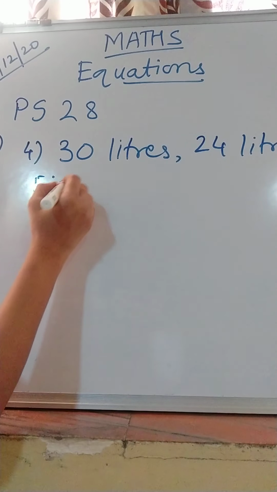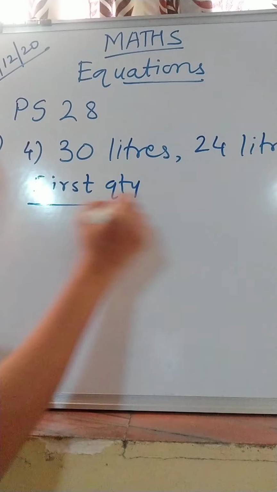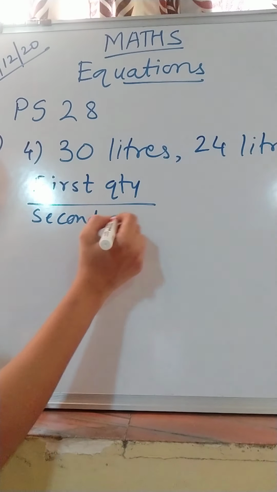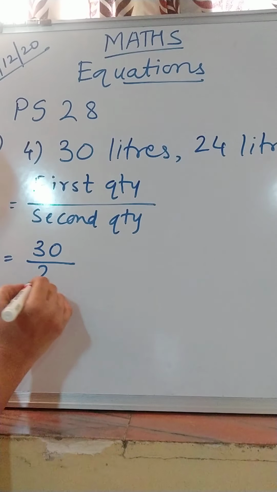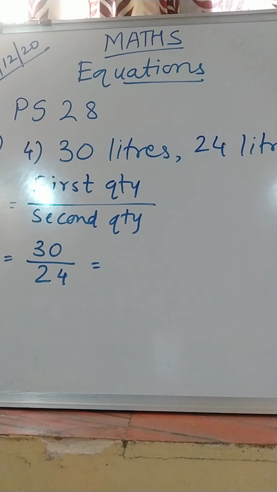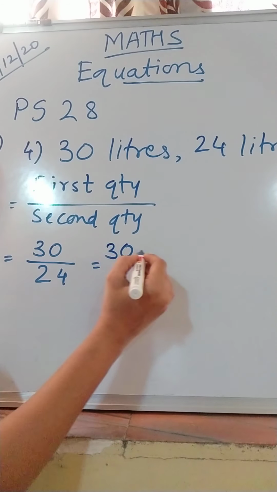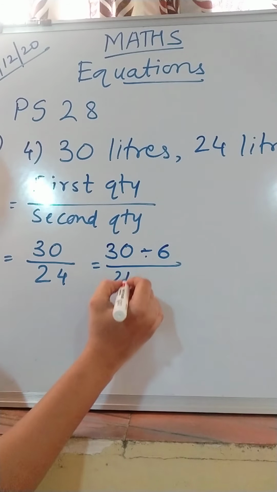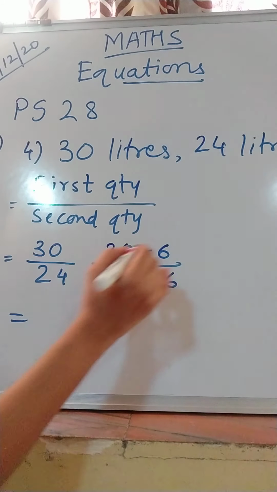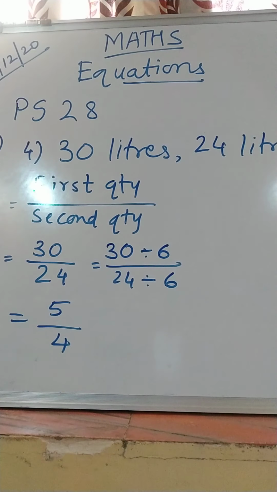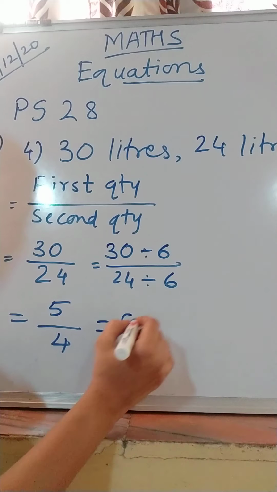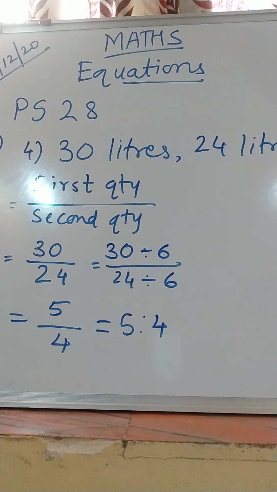First quantity to second quantity. 30 and 24 come in one table. That table is 6. So divide by 6. 6 5s are 30. 6 4s are 24. Your answer is 5 is to 4. Okay. Now move to the next one.